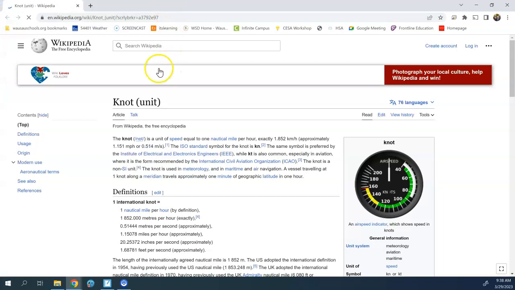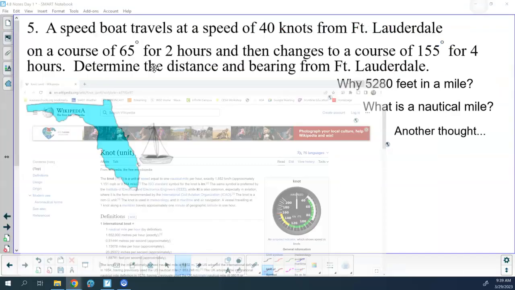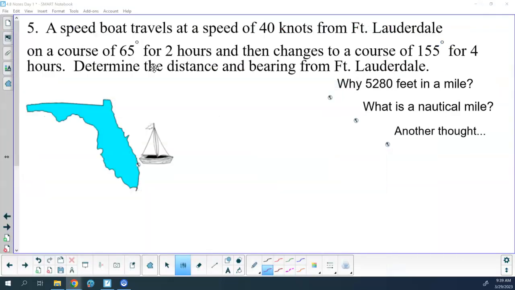So, a knot, okay, is a unit of speed equal to 1 nautical mile per hour. Now, a nautical mile is different than a regular mile. Okay? So, a nautical mile is, I gotta think now, what is it?